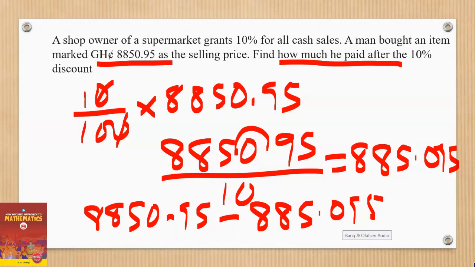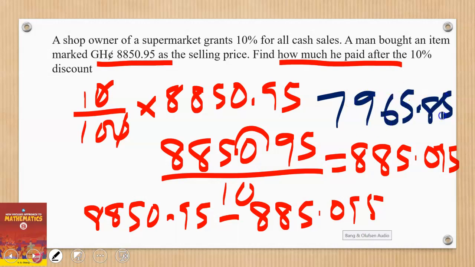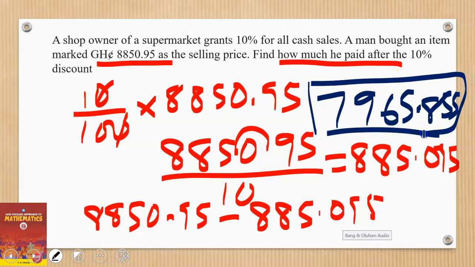And so that is going to give us 7,965.855. Now, this is the amount of money the customer will pay for the item after giving 10% discount. That is 7,965 cedis, 855 pesos.